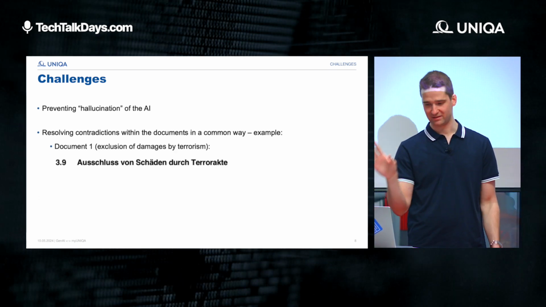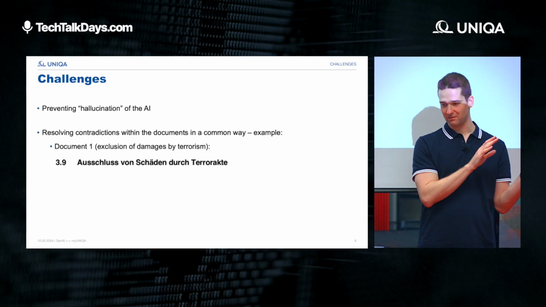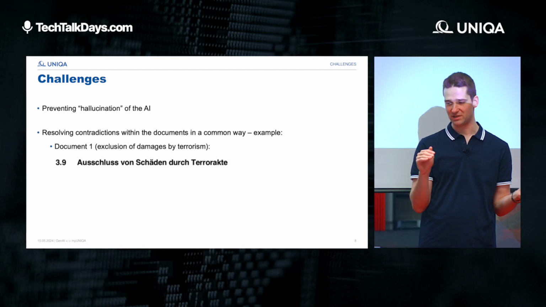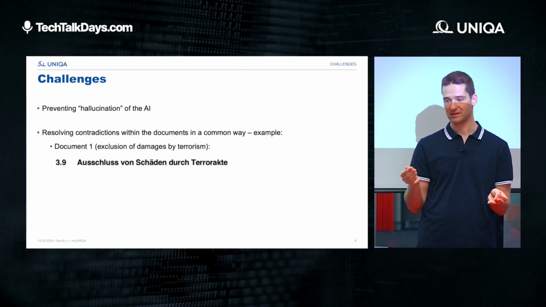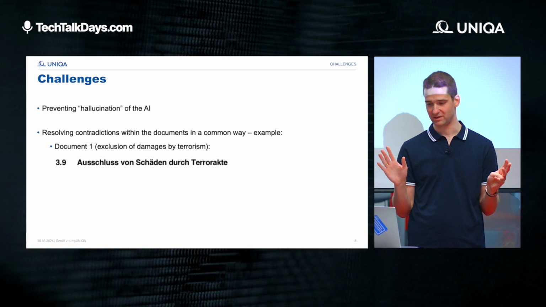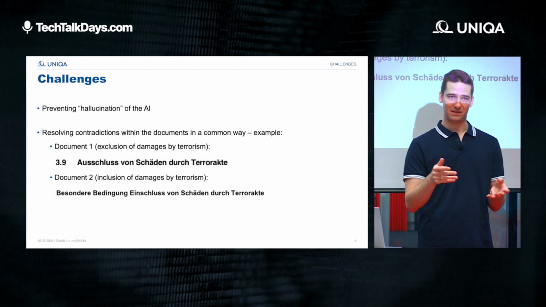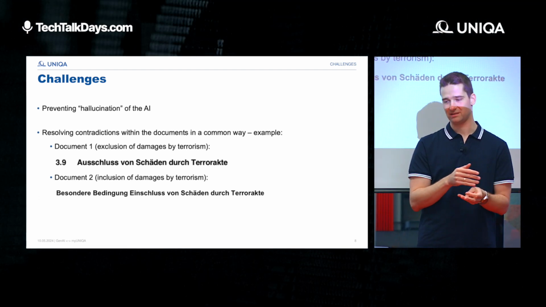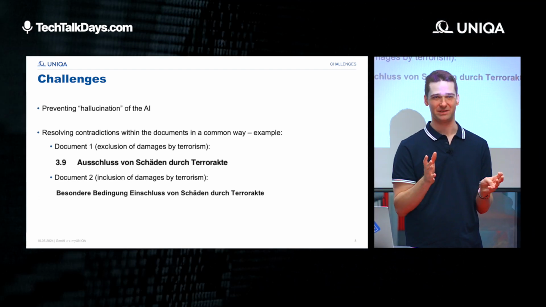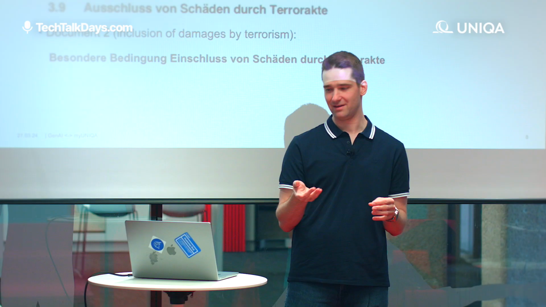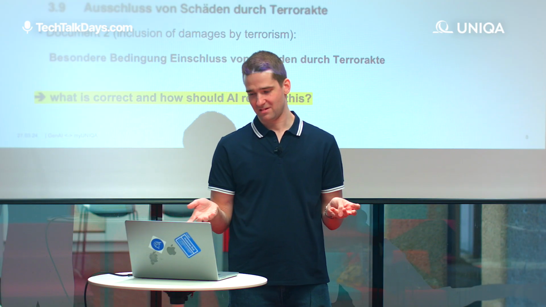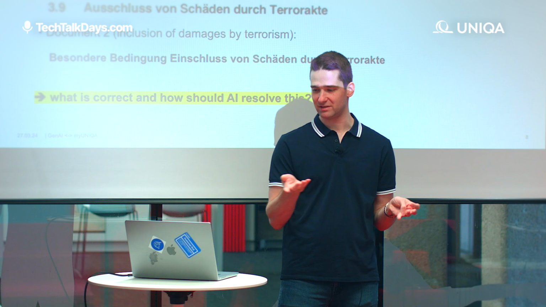It is in German, but there we have a document 1 which states that damages by terroristic acts are excluded. So the insurance doesn't pay anything. And then the same customer has a different document which states that damages by terroristic acts are included. And now, what is correct and how should the AI resolve this?